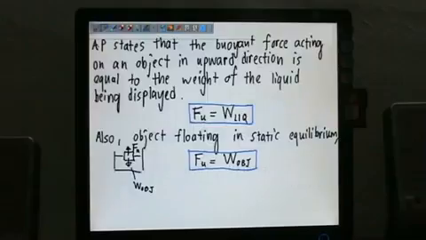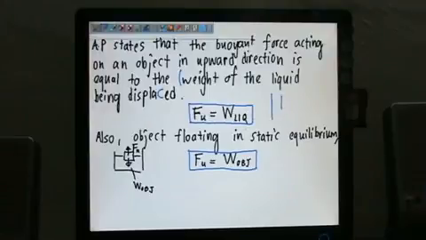This brings us to Archimedes' principle, which states that the buoyant force acting on an object in an upward direction is equal to the weight of the liquid being displaced. So upthrust equals the weight of the liquid being displaced.